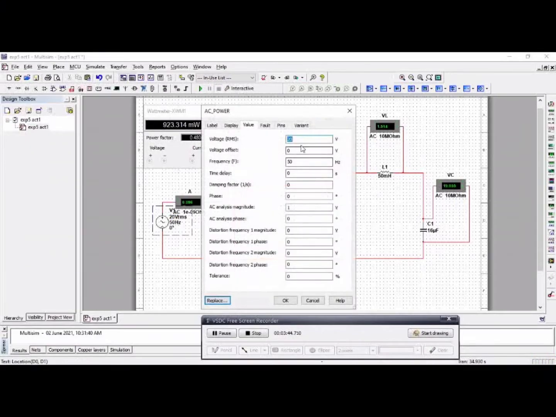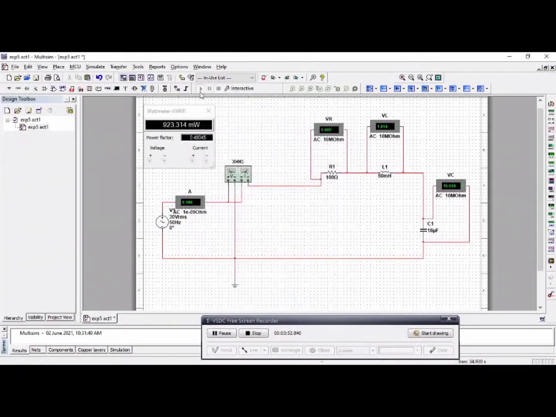Next, the voltage supply is 30 volts, and then we start the simulation. Then we got the value of I here, and then wattmeter, VR, VL and VC.